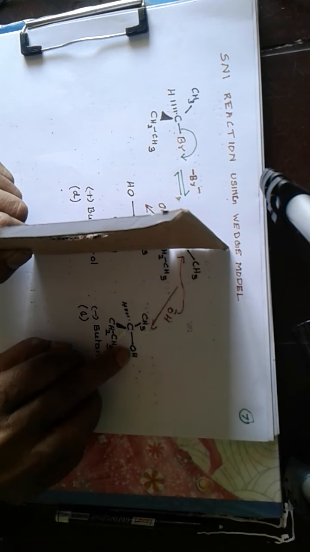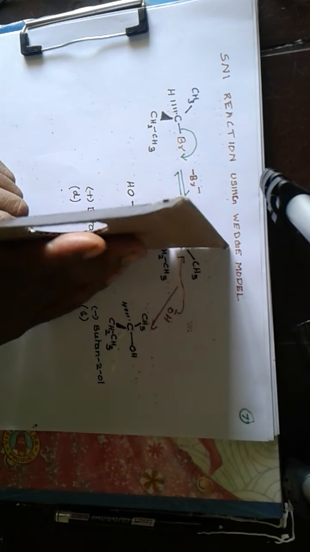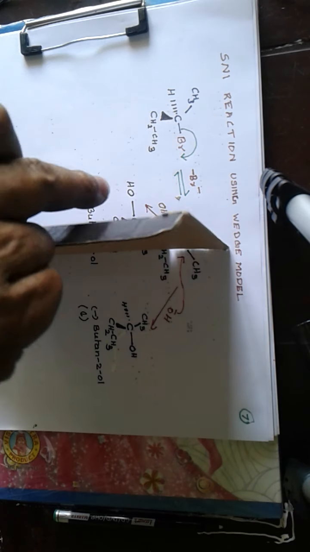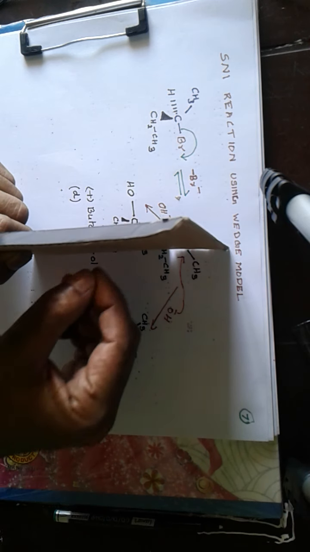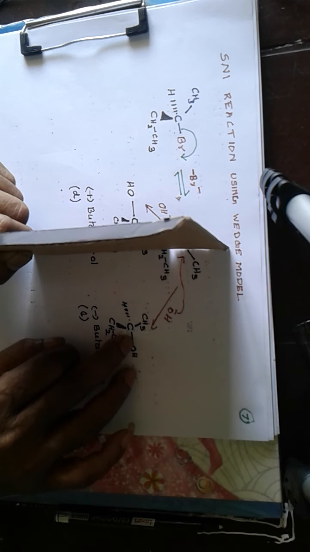So when OH negative attacks here, the methyl, hydrogen and ethyl, CH3, are moved away from this plane, to the back side of this plane. So hydrogen moves to the back side of this plane, methyl moves to the back side of this plane, and ethyl also moves to the back side of this plane. And OH connects to the positive carbon by means of a bond.